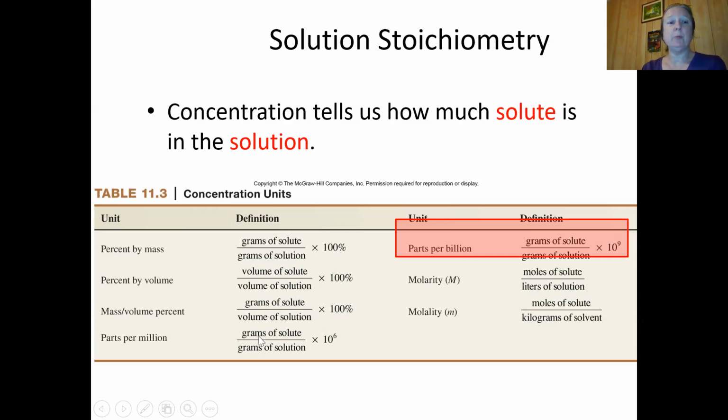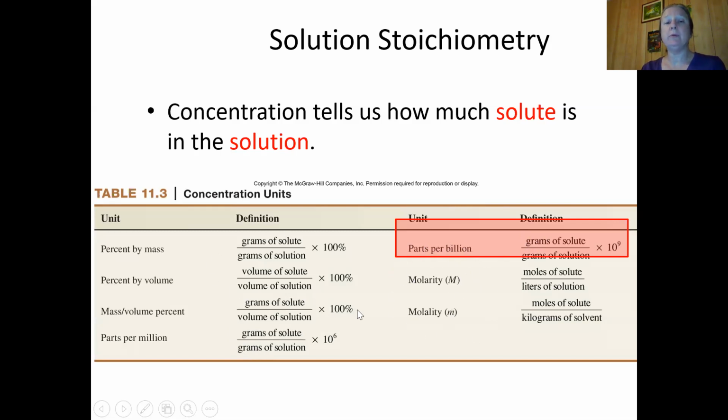You can have parts per million or parts per billion. This is generally used in toxicology, perhaps sometimes in medicines, but usually more in toxicology. It's how we define something that's poisonous or toxic in trace amounts. And so we say parts per million or billion. The two most common for aqueous are molality and molarity.